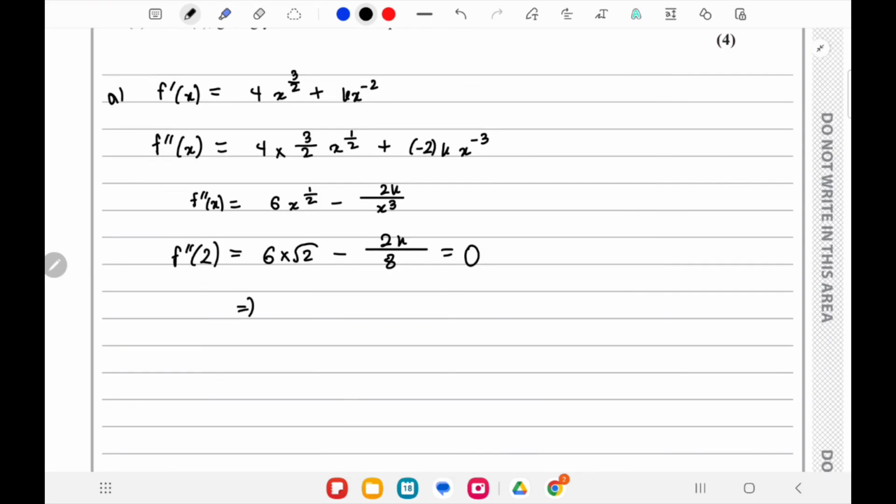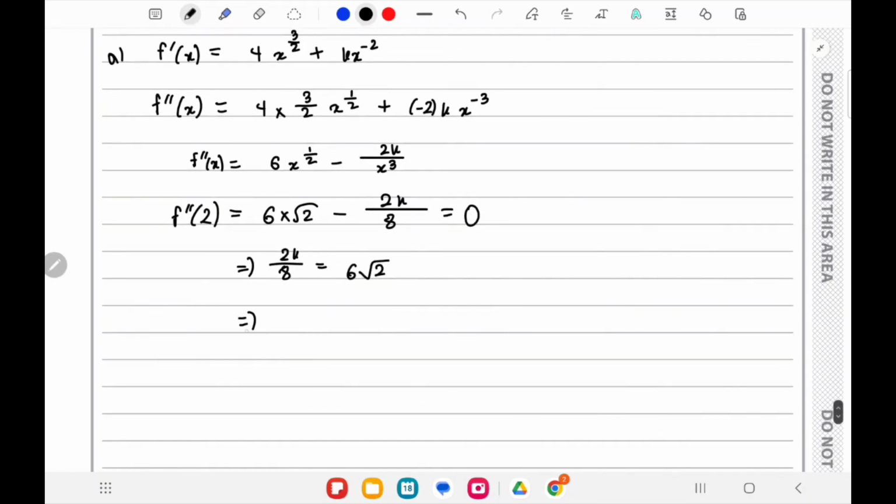So we can solve this to find k. So 2k by 8 is 6 root 2. So 4k is 6 root 2. Hence k is 3 by 2 root 2 or 3 root 2 by 2.